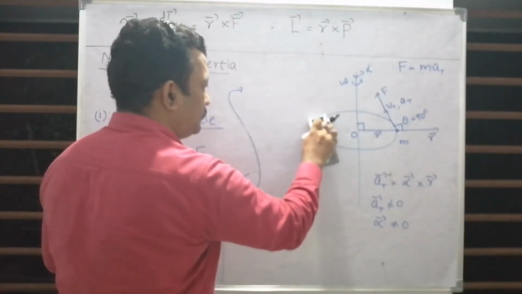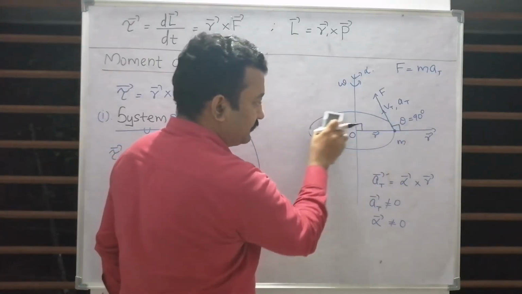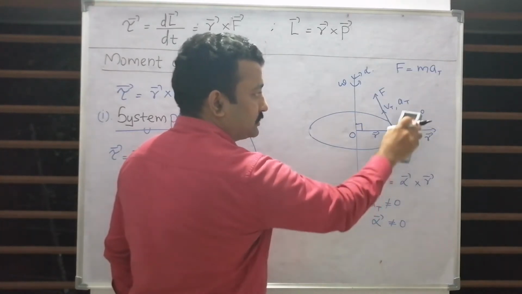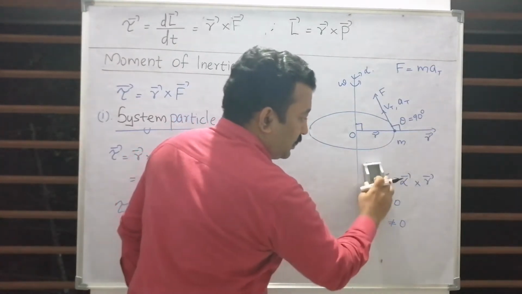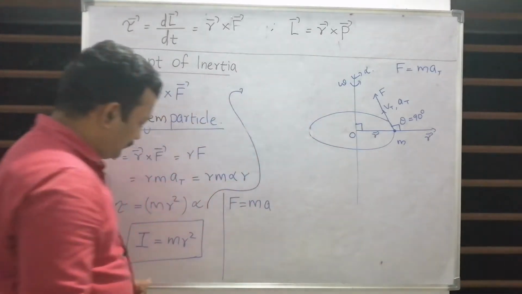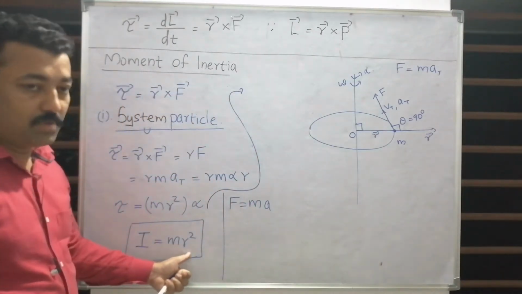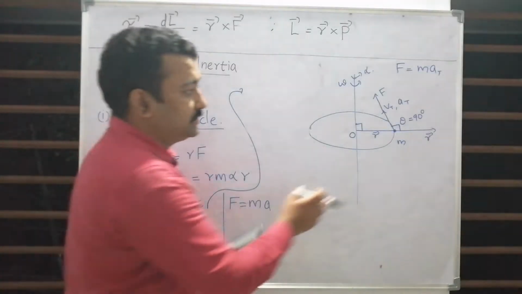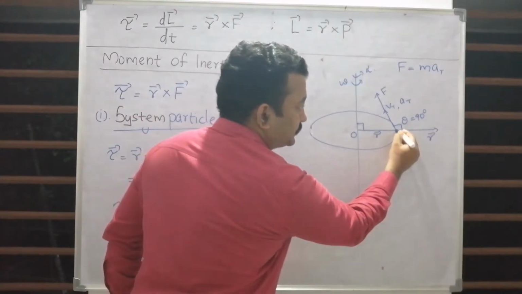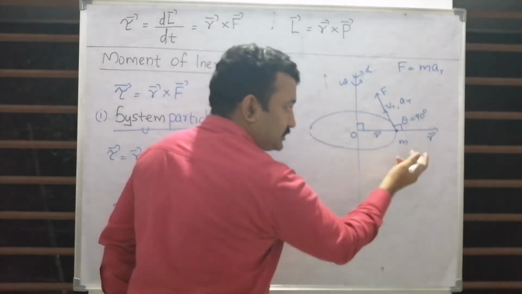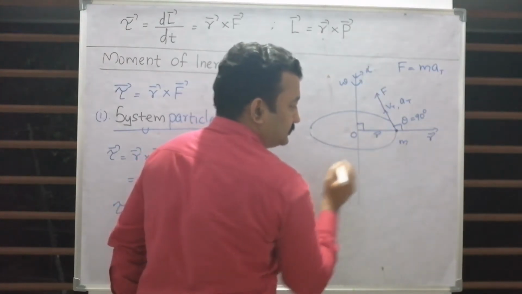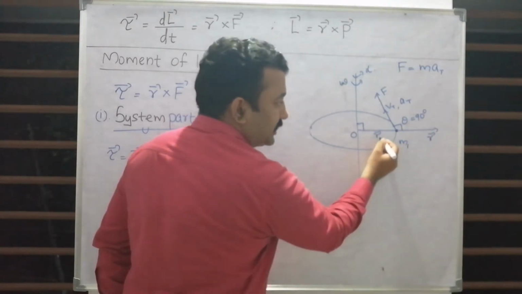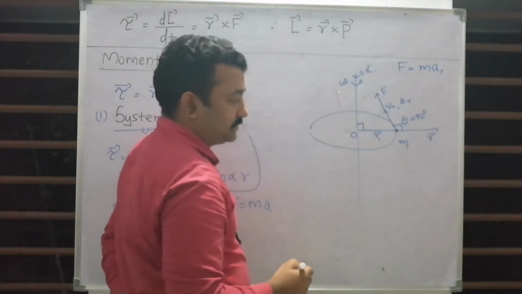For a single particle, we considered its rotation about an axis and its tangential velocity, and we got the expression for the moment of inertia as mr squared. Now instead of the single particle, let us call it the ith particle. Let this be the first particle m1, at a distance of r1 from the center.